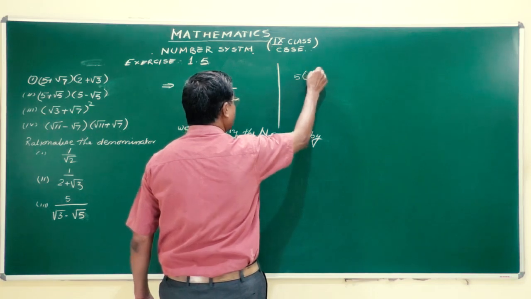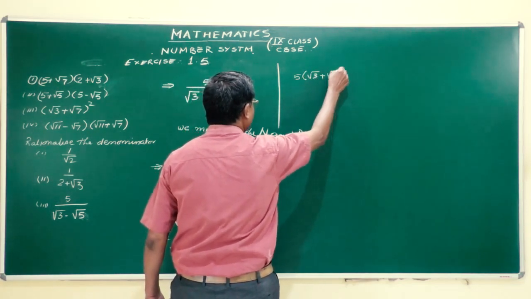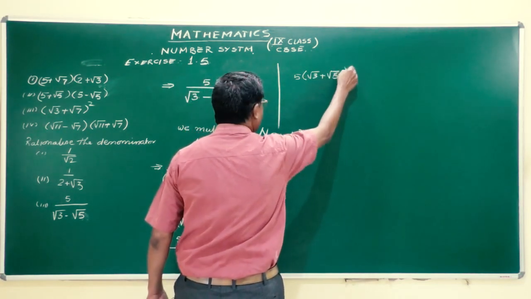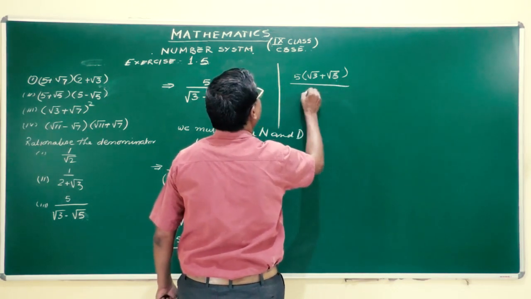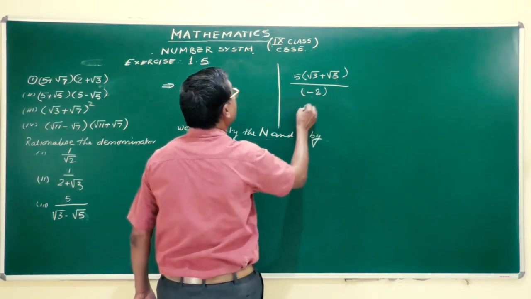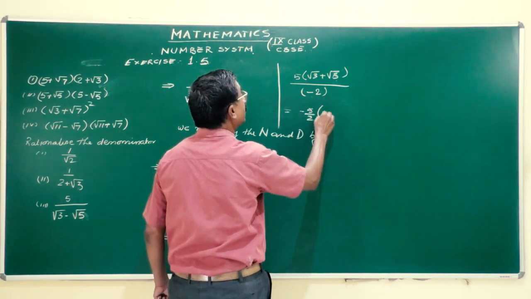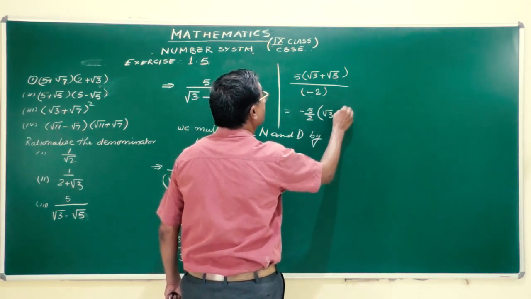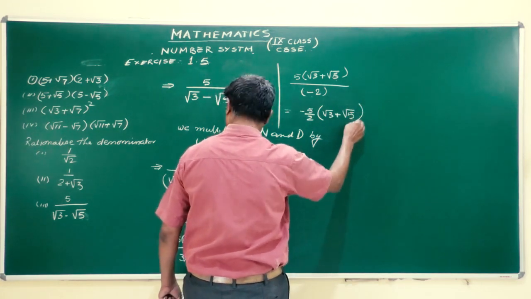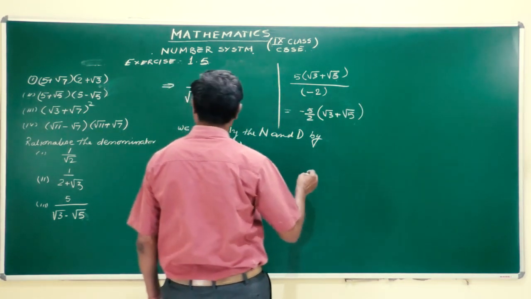5 into under root 3 plus under root 5 upon minus 2. So we can write minus 5 upon 2 into root 3 plus root 5.